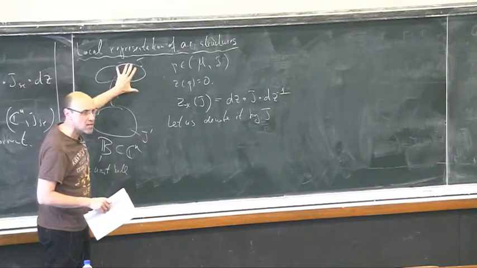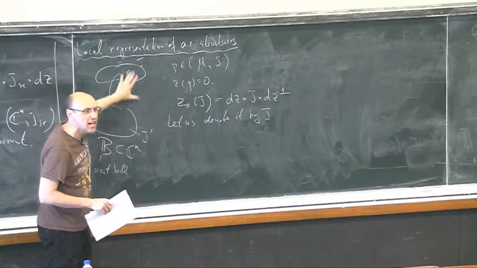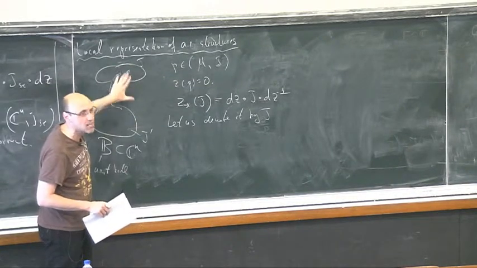So if you do complex analysis here, you can do it here, everything will be canonically isomorphic, okay?